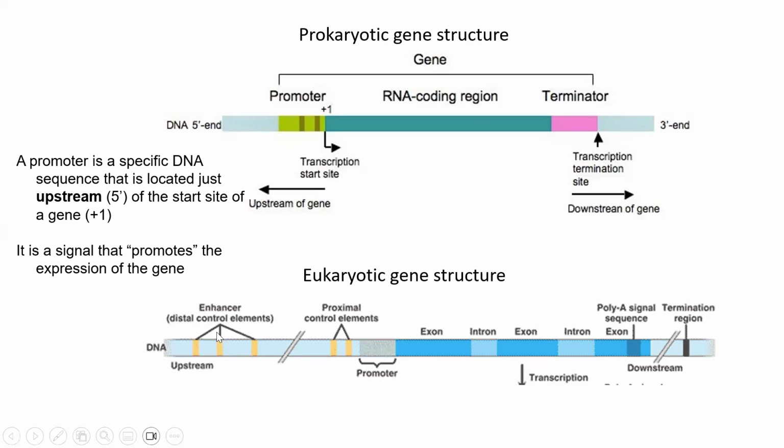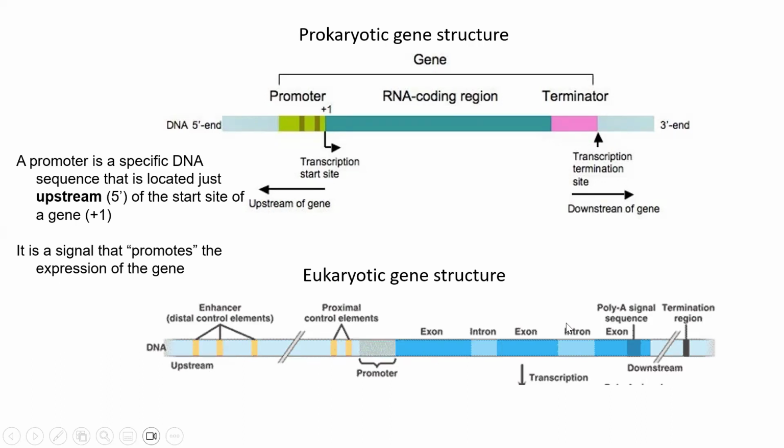These are more regulatory elements, enhancer and proximal ones, that help control how the gene is expressed, whether enhancing or inhibiting it. Then there's the promoter region, for when we need this occurring.